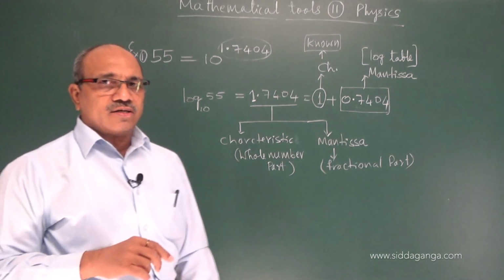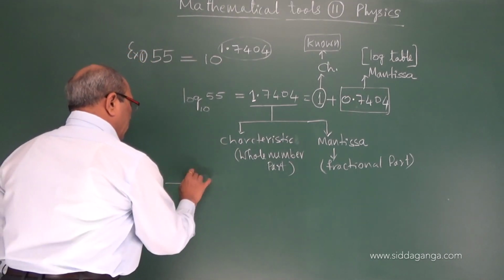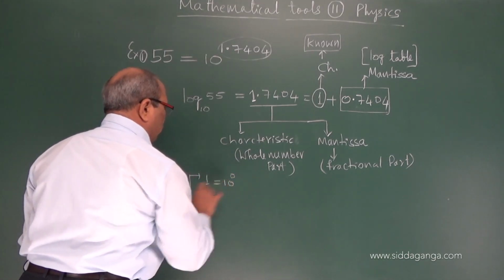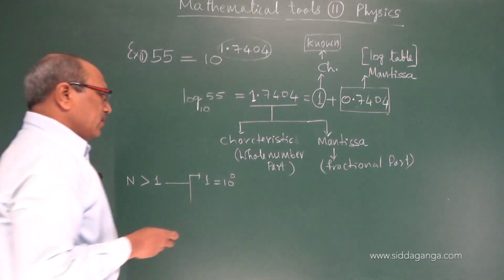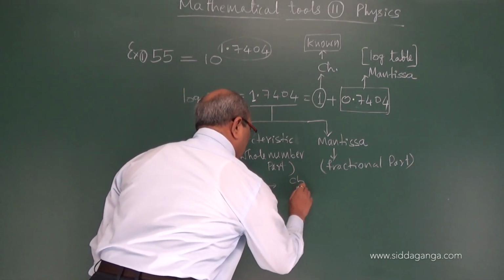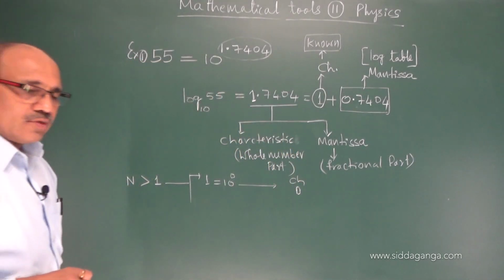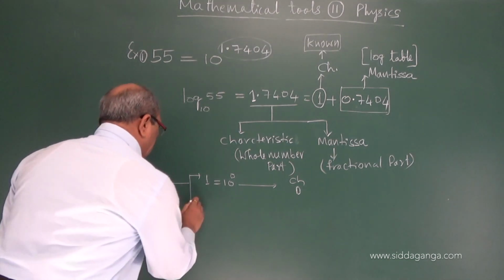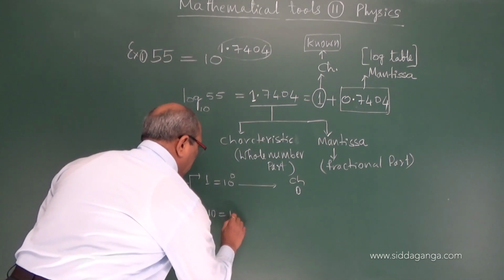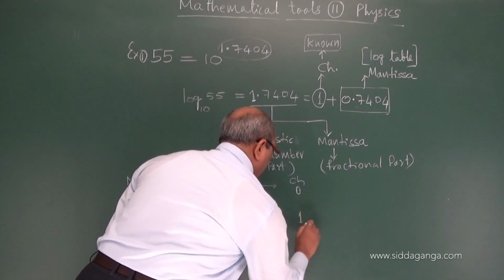For any number greater than 1, what happens? Let us see. If it is 1, we are saying it is 10 power 0, so its characteristic is 0. Another number, 10, can be written as 10 power 1, whose characteristic is 1.